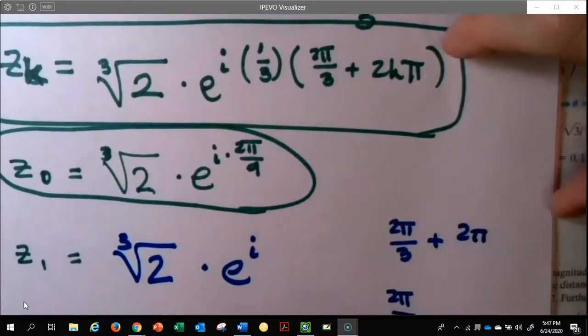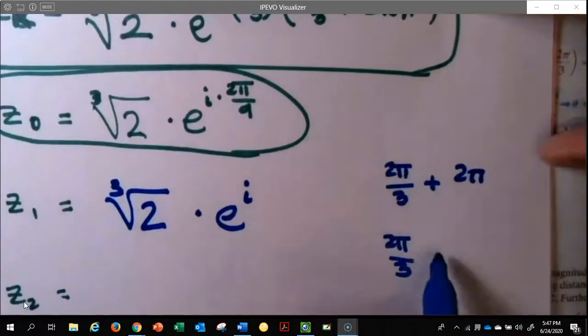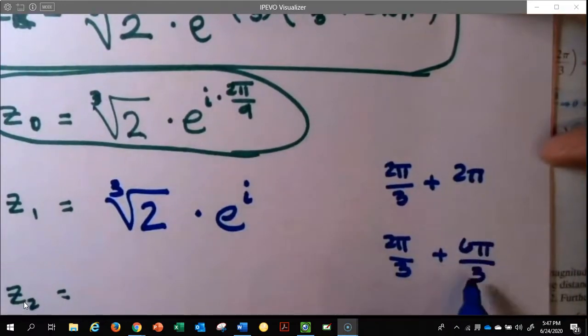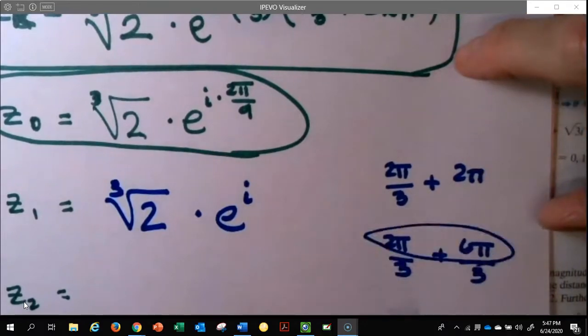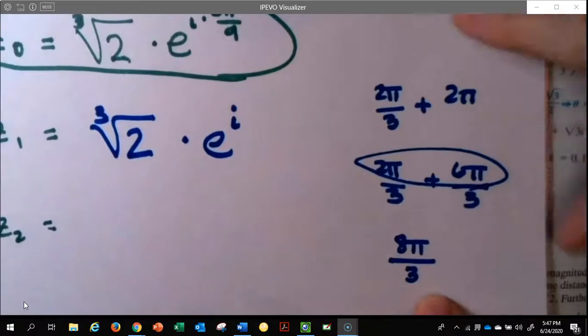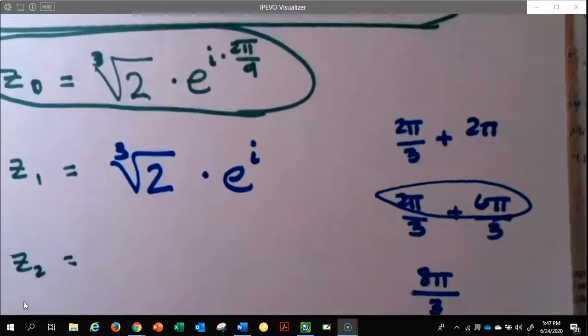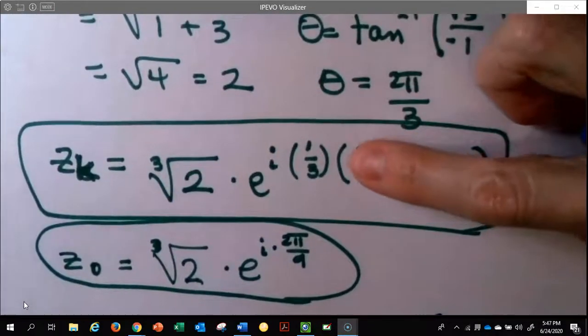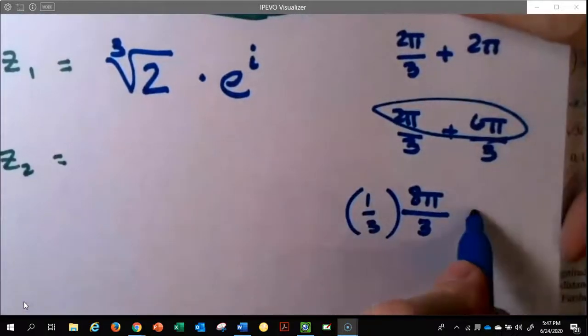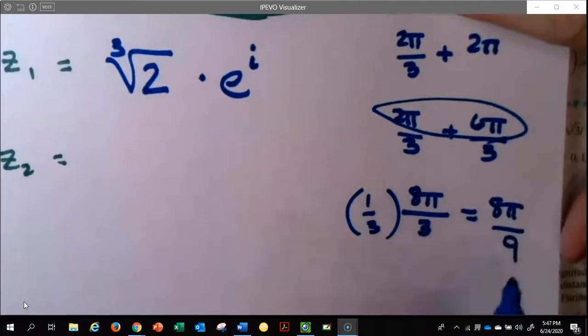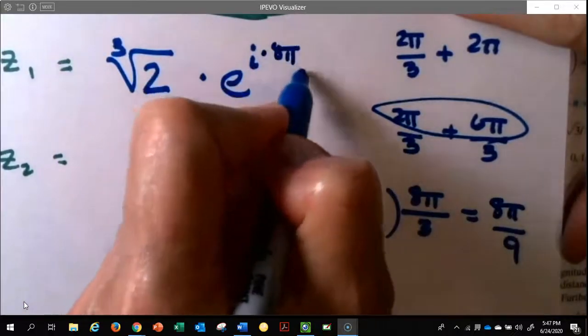So 2 pi over 3 plus, that's like saying 6 pi over 3, because 6 divided by 3 is 2, and I've got 8 pi over 3. But back in our formula, it's what we get in here times 1/3. And with that being said, we got 8 pi over 9.